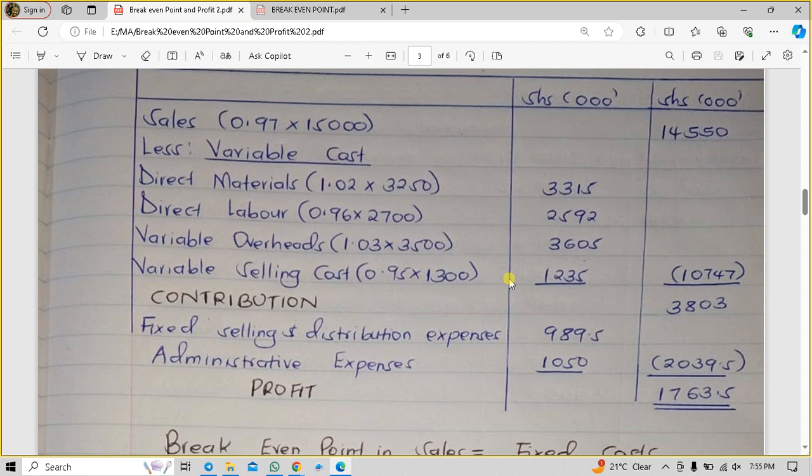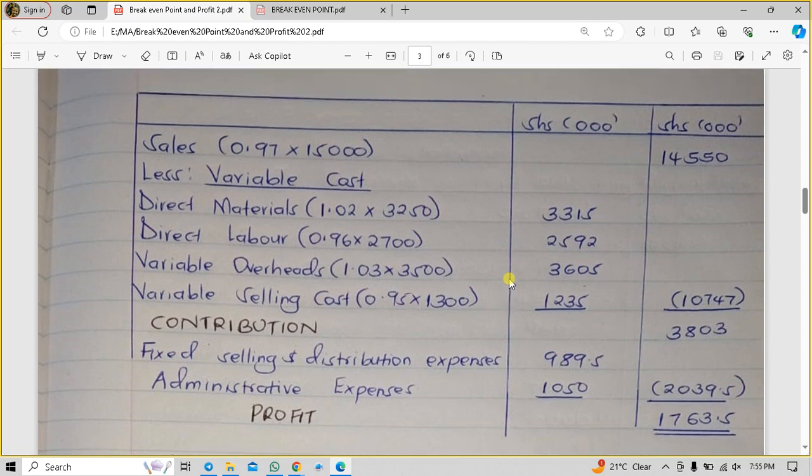Okay. If there is no question, we can proceed to calculate break-even point.